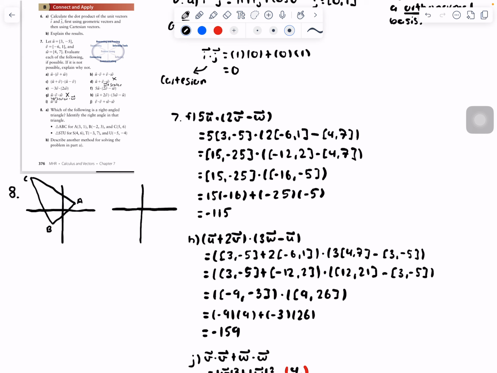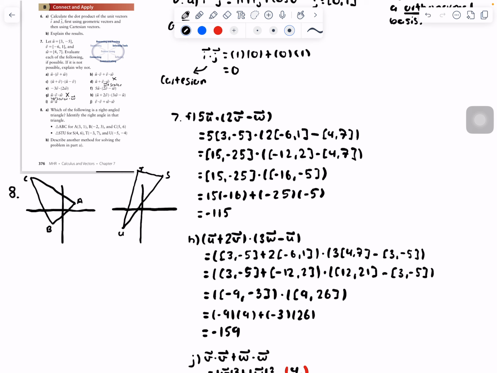So S is 4, 6, somewhere here, let's say. T, negative 3, 7. And U, negative 5, negative 4. Let's say it's somewhere here-ish.